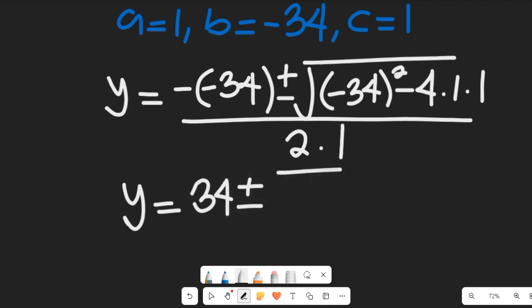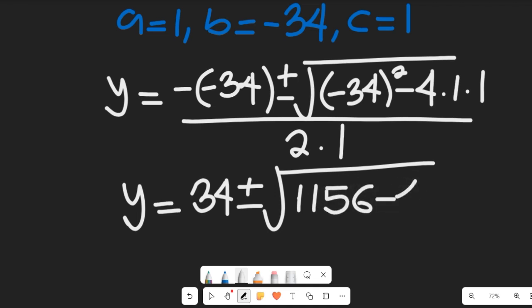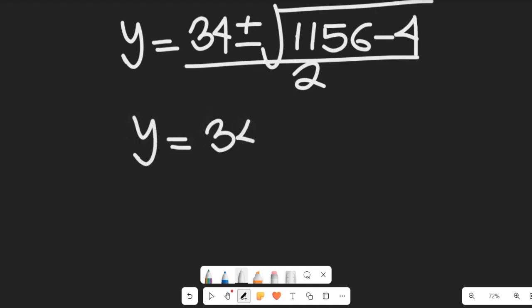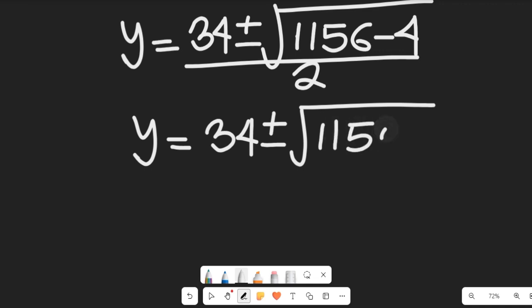plus or minus the square root of 1156 minus 4, and all of these will be divided by 2. So if we simplify that expression, we'll have y equal to 34 plus or minus the square root of 1156 minus 4, which is going to give us 1152, and all of these will be divided by 2.